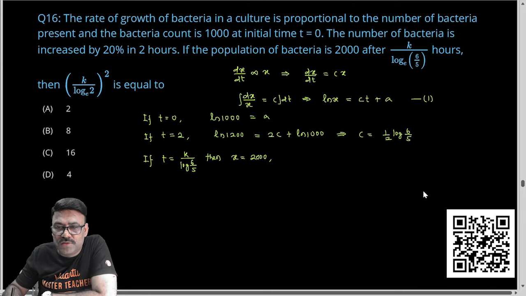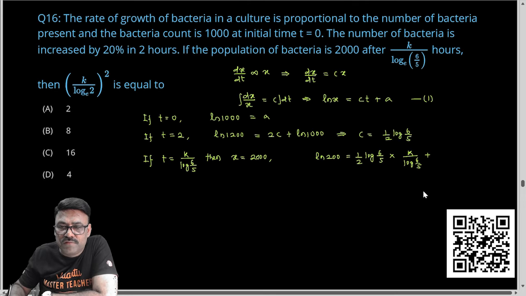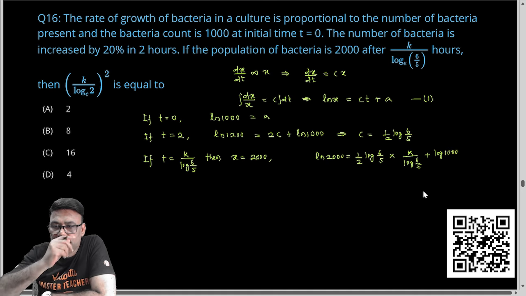So in this equation, put x equal to 2000. C is half log 6 by 5, t is k over log 6 by 5, and a is log 1000, and here it is log 2000.